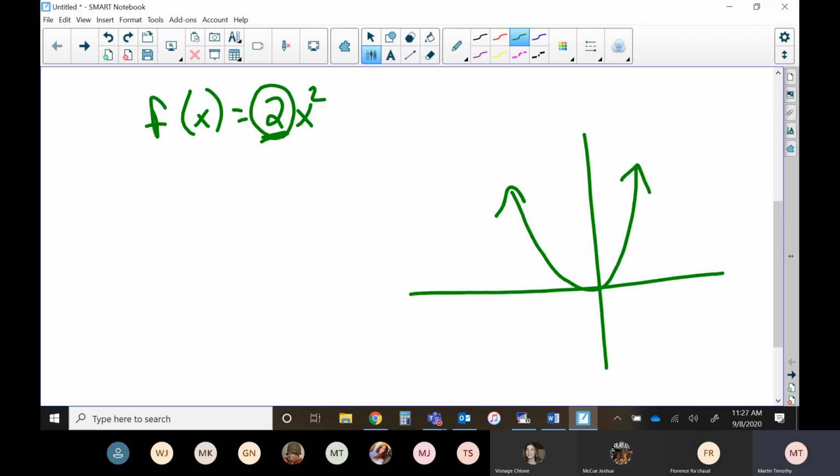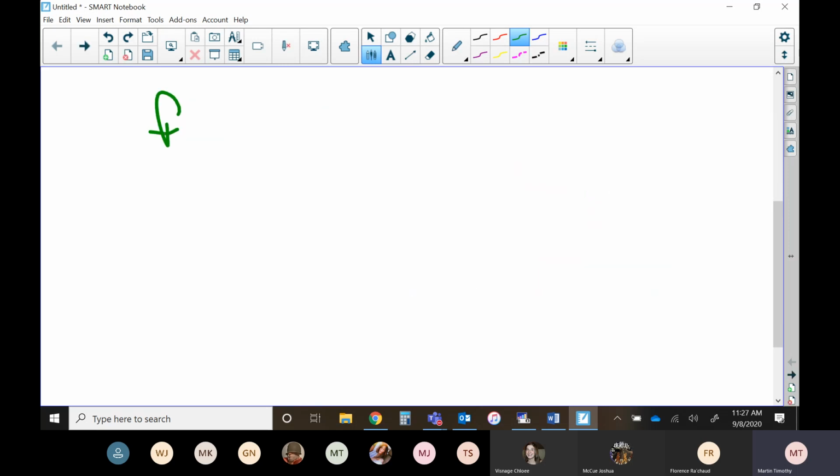So imagine that someone was pulling on this arrow, and they're pulling it up. What's going to happen to the parabola? It's going to do what? It's going to get skinny. We call that a vertical stretch. Anytime this number right here, again, notice where it's at. I'll write it like this for you.